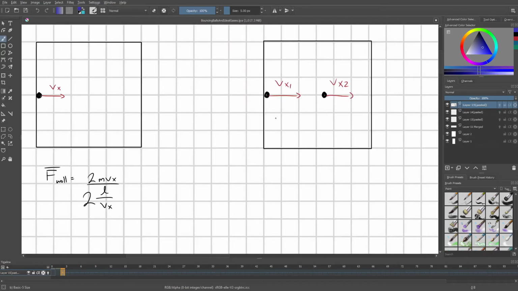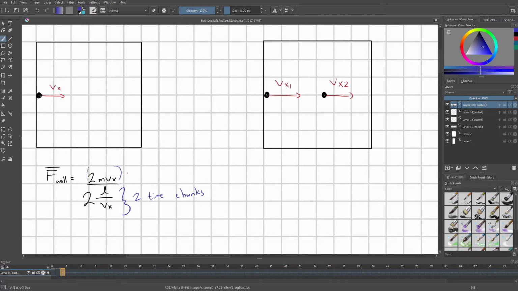Let's find an analogy between the 1-ball situation and the 2-ball situation before we go any further. When we had 1 particle in the box, 100% of the time, when the particle starts out here, when 2 time chunks go by, the ball comes in and bounces off.